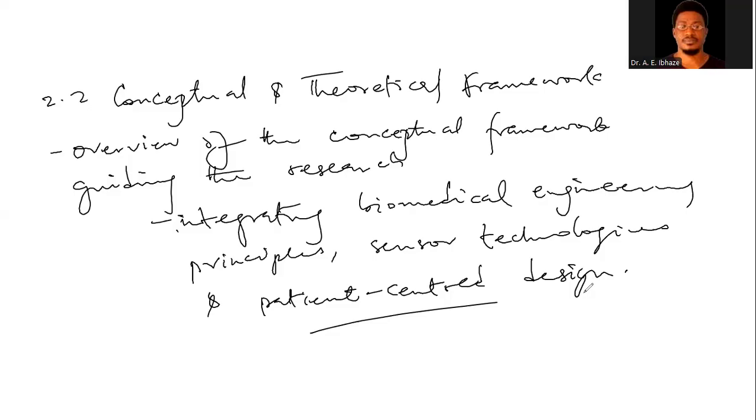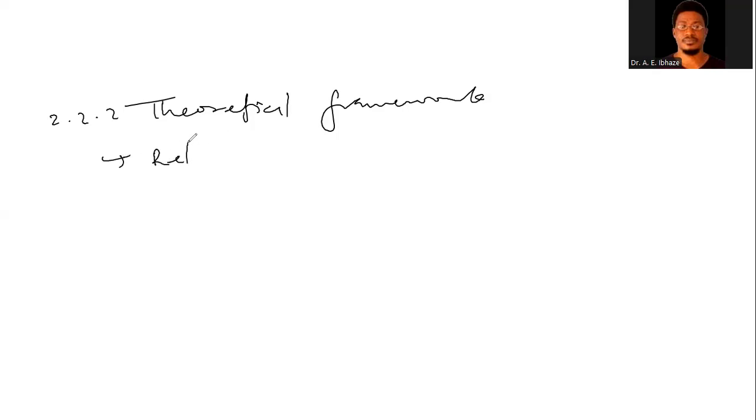And then we move on to the theoretical framework. So let's assume this is 2.2.1. In the theoretical framework, which is 2.2.2, you probably want to mention relevant theories or models.